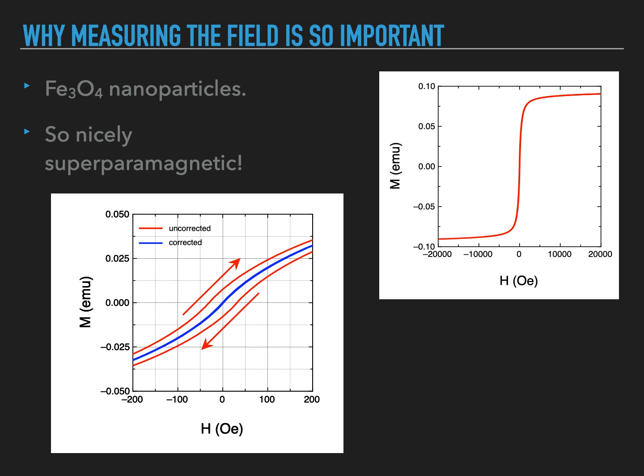It is no longer the field that is measured through the ammeter, but it's that minus the correction that you have measured through the palladium sample. The result is the blue curve applied to the magnetite nanoparticles that this time shows a very nice compensation for the hysteresis of the superconducting coil, and the particles really look superparamagnetic at this time.